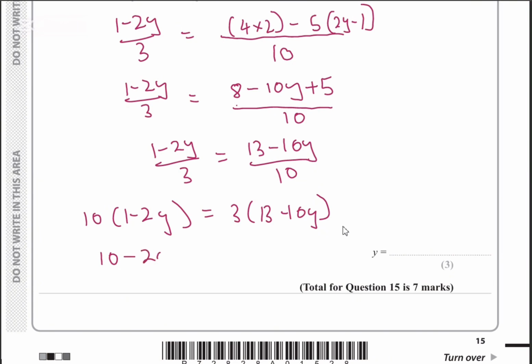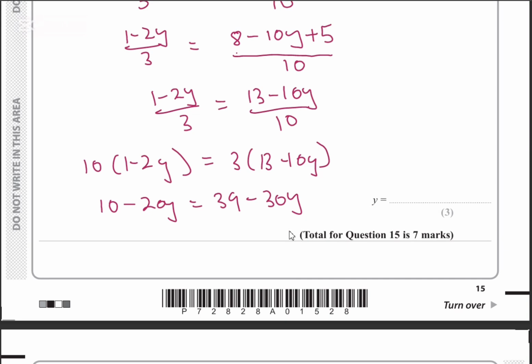10 minus 20y equals 3 times 13, which is 39, minus 30y. Bring all the y terms to one side and number terms to the other side. So I'll bring this y term here and this 10 to this side. I'd have minus 20y, and minus 30y when it comes to this side becomes plus 30y, equals 39.